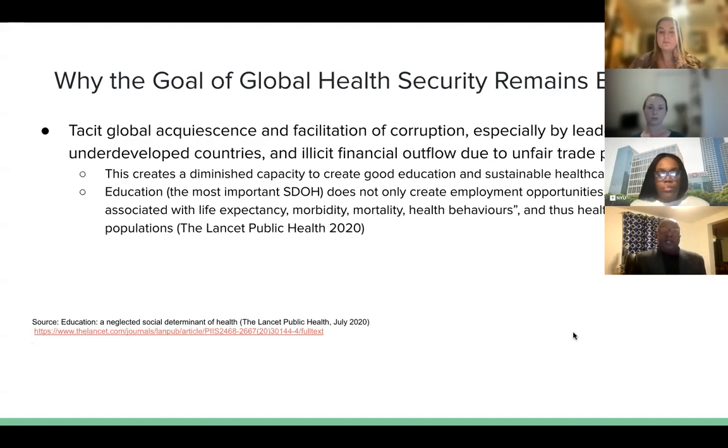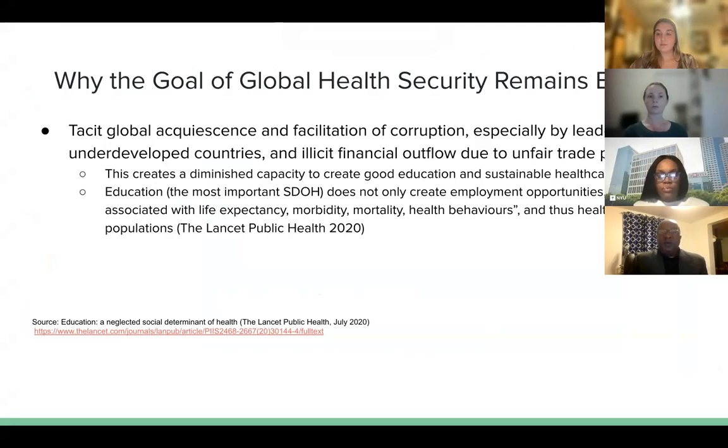Because the governments are not able to keep much money in their countries, underdeveloped countries especially have diminished capacity to create the sustainable process to educate and to create employment opportunities. As we have seen, the attainment of global health is tied directly to the equity in education, and to corruption or the facilitation of corruption.